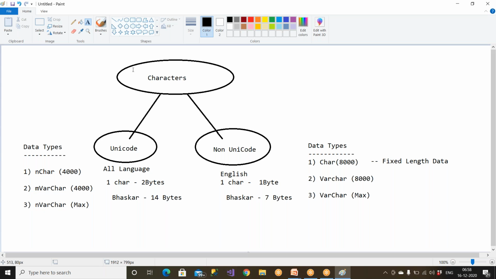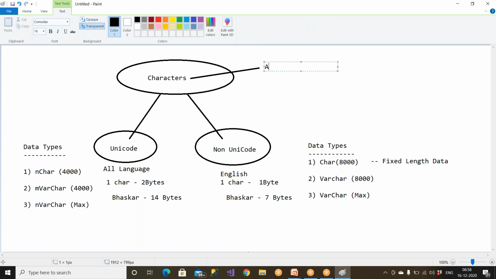Clear? Many people ask, what do characters mean? You need to understand this point as well. Character means all letters, plus special characters. Do you know what a special character is? Space and all these symbols are called special characters. And even numbers are supported: 1, 2, 3, 4, 5, 6, 7, 8, 9.